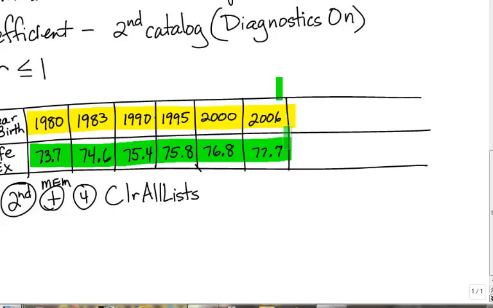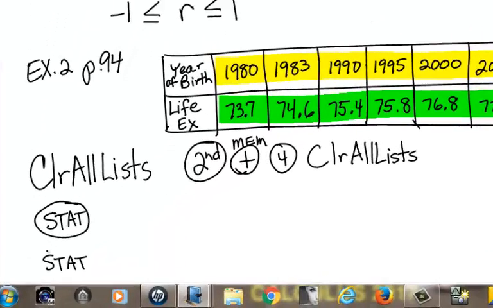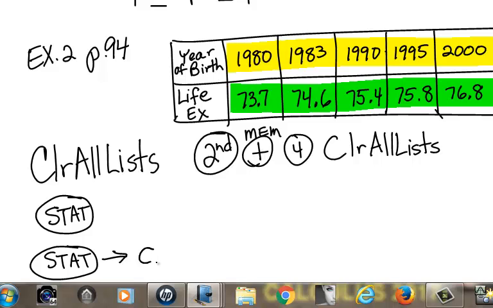Everybody done? Now as a check, because I could have made a mistake, you could have made a mistake, go back to the home screen: second function quit. Then we're going to do stat, right arrow over to calculate.